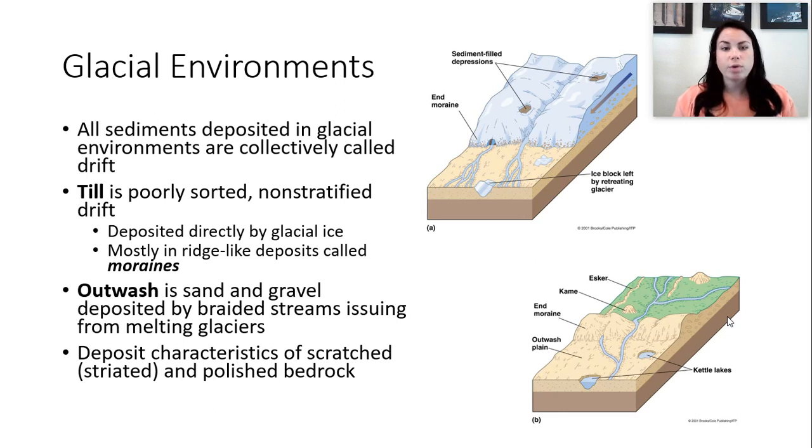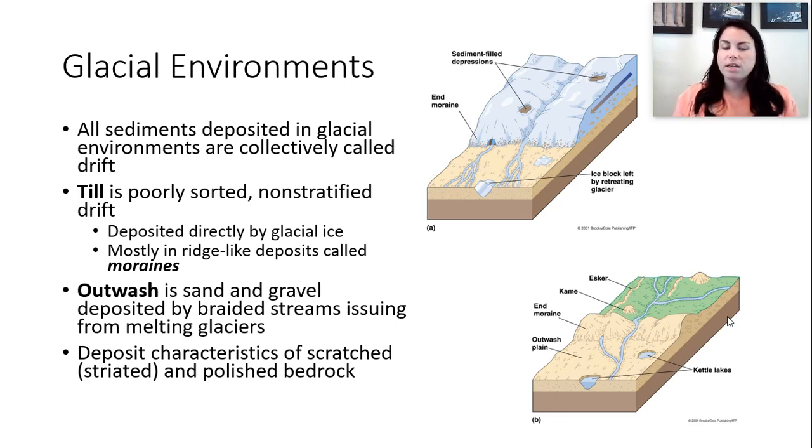Outwash is the sand and gravel deposited by the braided streams that are from the melting glaciers. So as you have a lot of ice that's melted, those deposits from that stream are called outwash. And there's also very distinct characteristics of glaciers, and these are scratched into the bedrock.